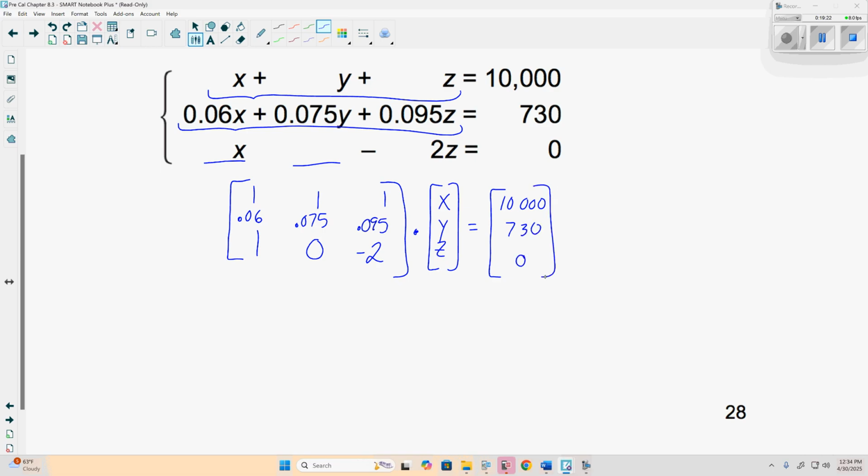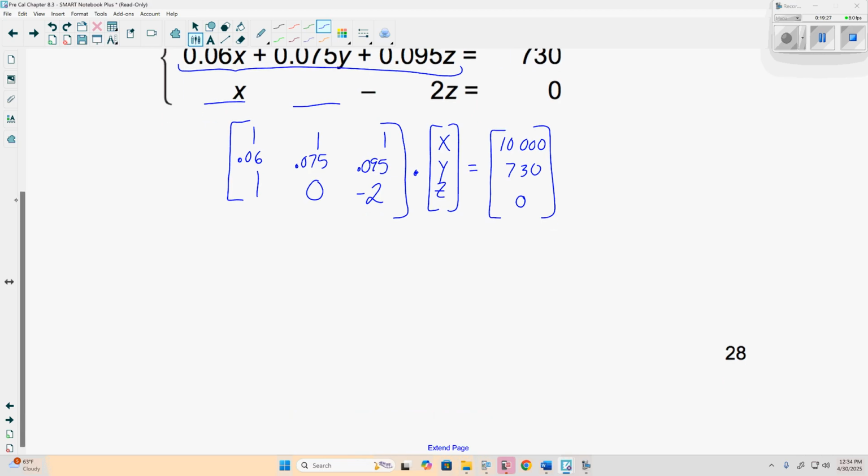And we set this equal to the solutions for the three equations in order from top to bottom.